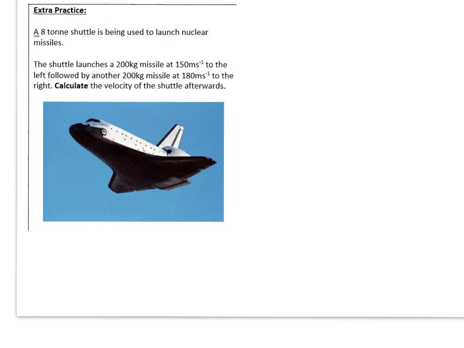So we've got an 8-ton shuttle being used to launch a nuclear missile. The shuttle launches a 200 kilogram missile at 150 meters per second to the left, followed by another of the same mass going at 180 meters per second to the right. Calculate the velocity of the shuttle afterwards. So first of all, the initial momentum is assumed.